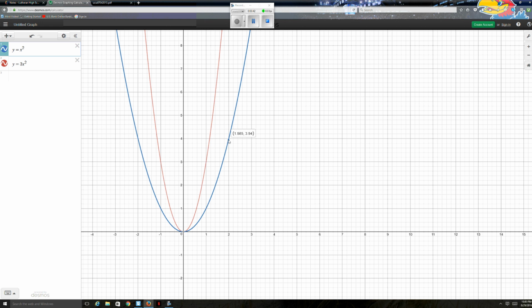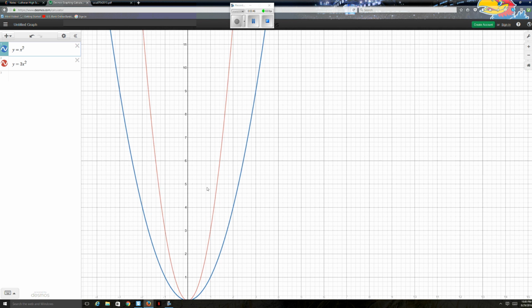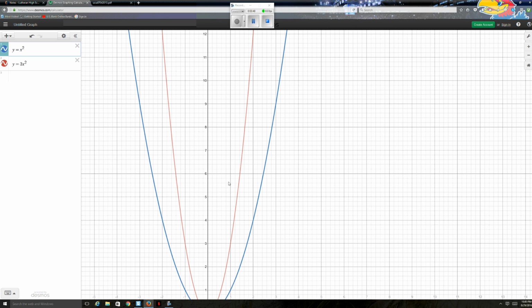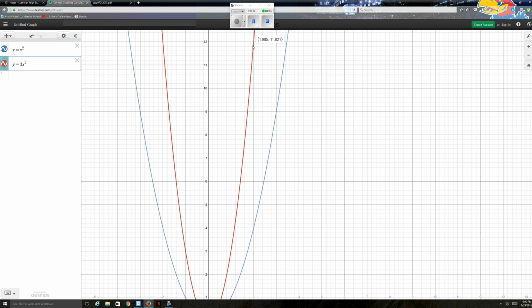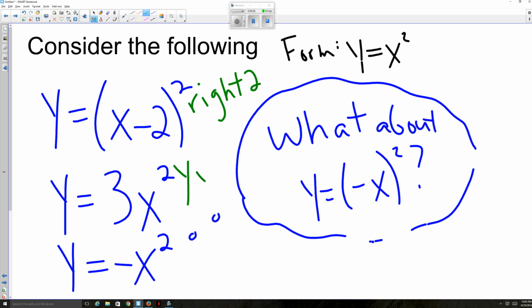At 2, 4, that point goes to 2, 12. So hopefully it makes sense to you that we're going to take the y times 3.